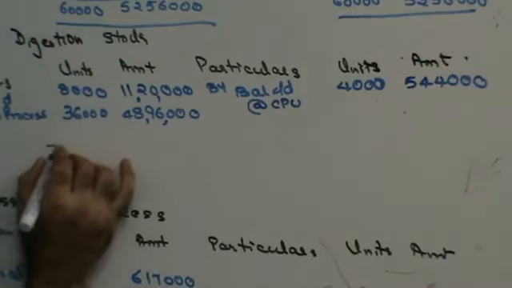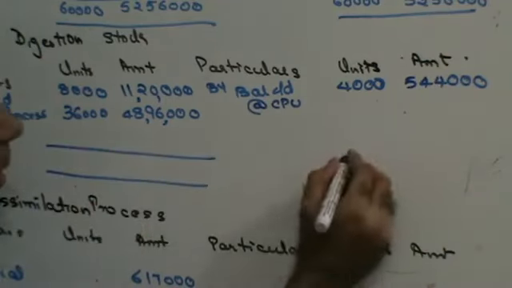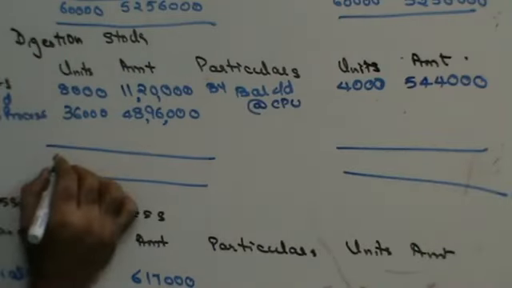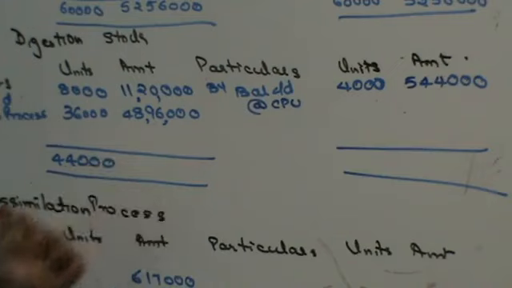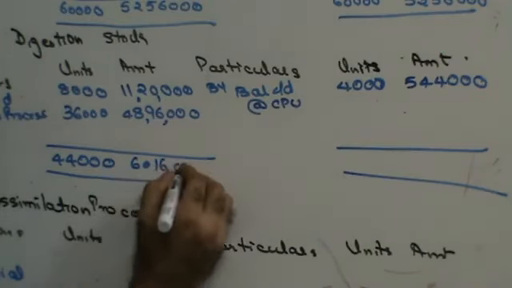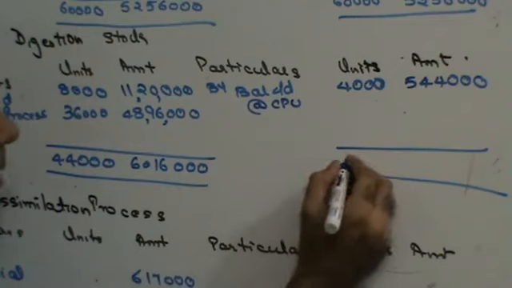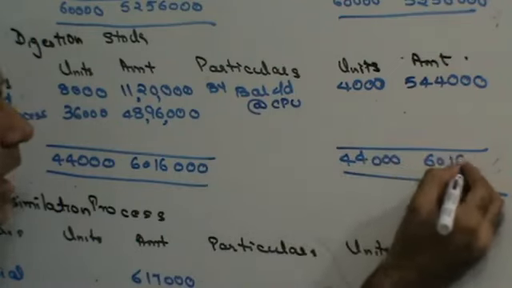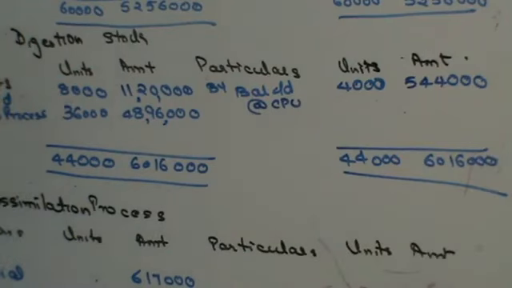Now tally this. 36,000 plus 8,000, that's 44,000. 48 lakh 96,000 plus 11 lakh 20,000 will give you 60 lakh 16,000.